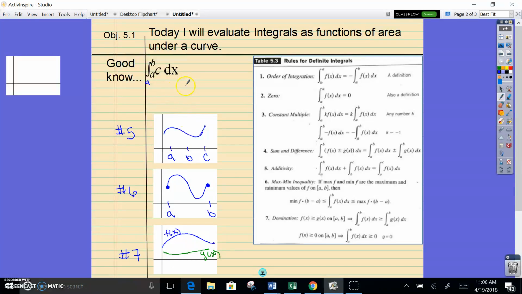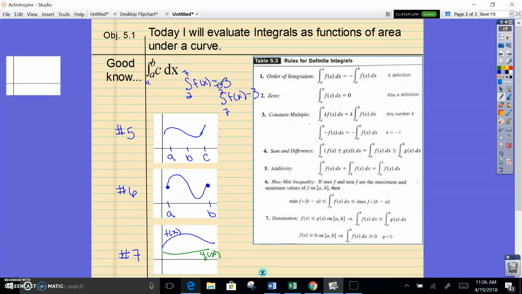Let's say that we take the integral from 2 to 7 of some function we don't know, and we let that equal 3, or we are told that it is 3. If you were to reverse this and say the integral from 7 to 2, you must then change the sign of the answer, so it would be negative 3.